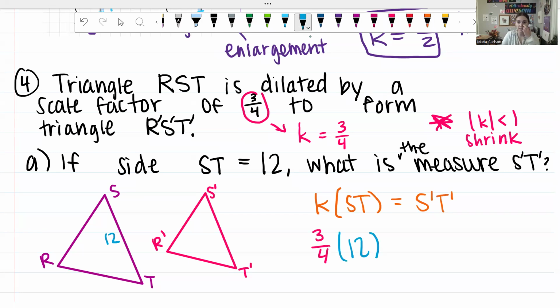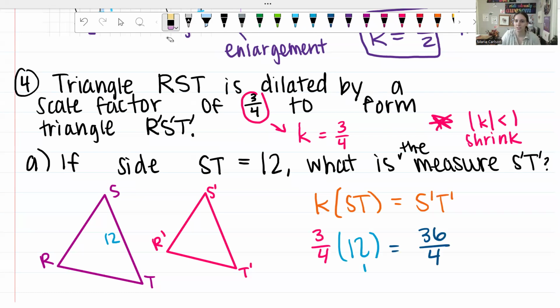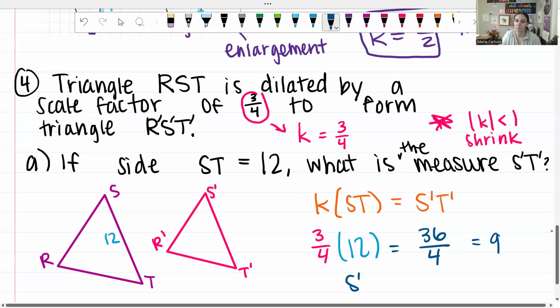I'm just going to multiply the 3 times the 12 because it's like 12/1. So 3 times 12 gives 36/4. And 36/4 is 9. So this tells me the length of S prime T prime is 9.